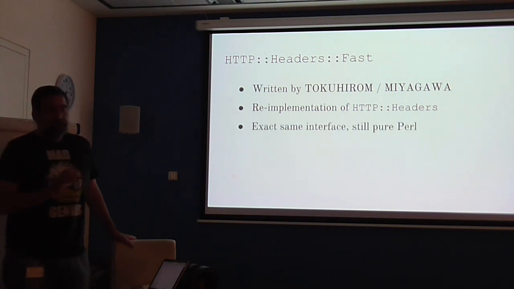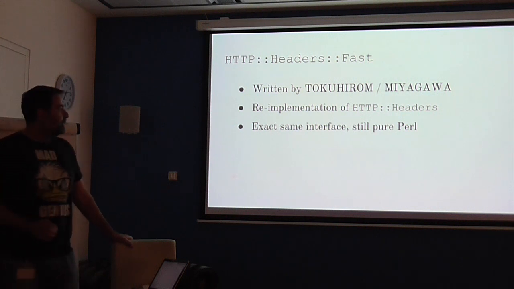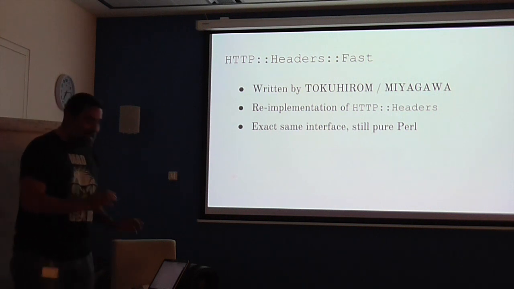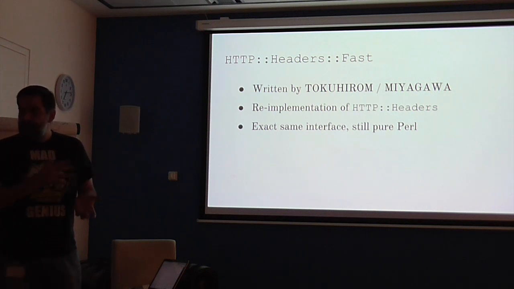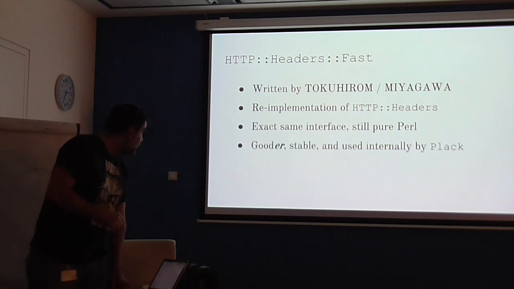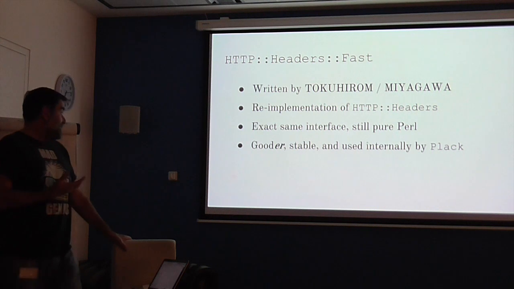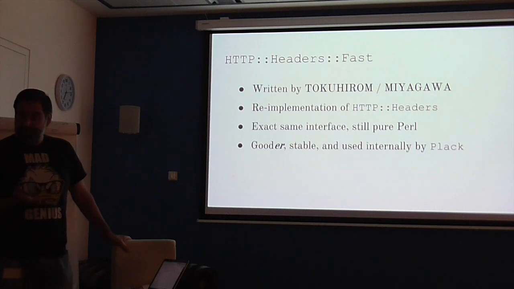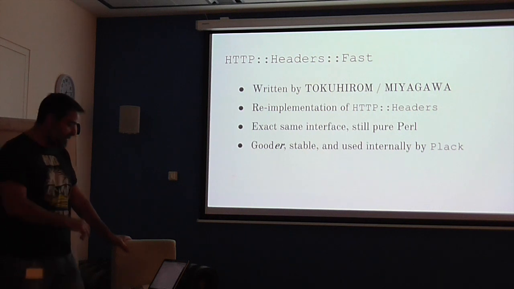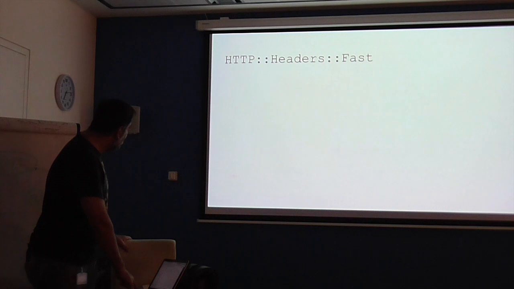So he stuck to exactly the same interface, still pure Perl, and he replicated every single detail about HTTP headers. So it works, you will never know that you're not using the original class if you use this one. So we think it's good, it's stable, and it is in fact used internally by Plack, so definitely this is good enough.